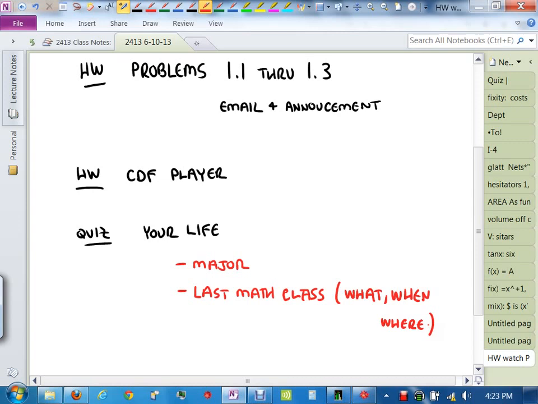Gosh, I feel like I'm forgetting something major here. I think that's it. You don't need to print out any notes, right? I mean, you have notes for at least the first chapter, so we're good till, shoot, that's only like a week or two away, so you might want to print out the other notes.